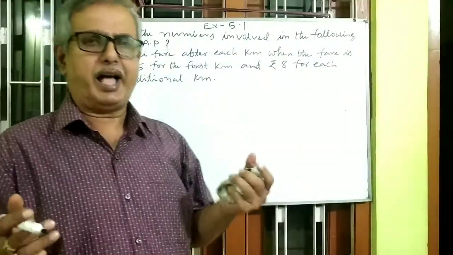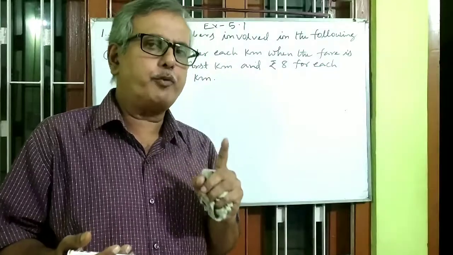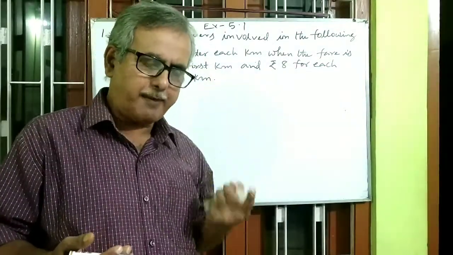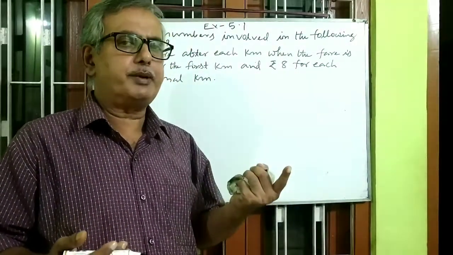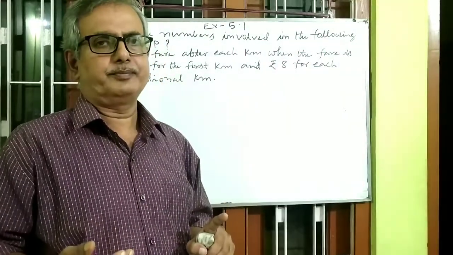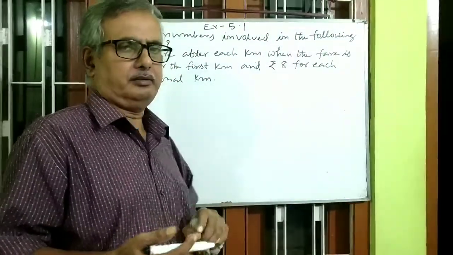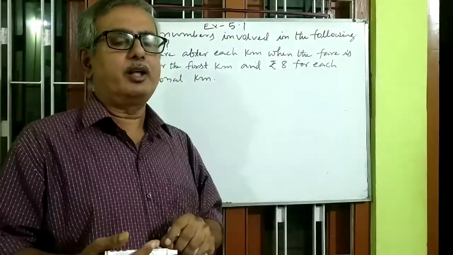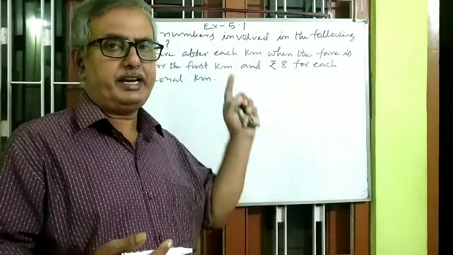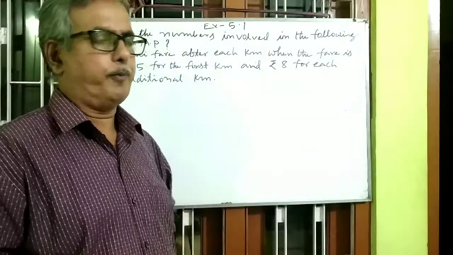Suppose you are hiring a taxi, then for the first kilometer you have to pay 15 rupees, and after that for each consecutive kilometer you have to pay 8 rupees. Whether the numbers involved here are in an AP, this is the question asked.